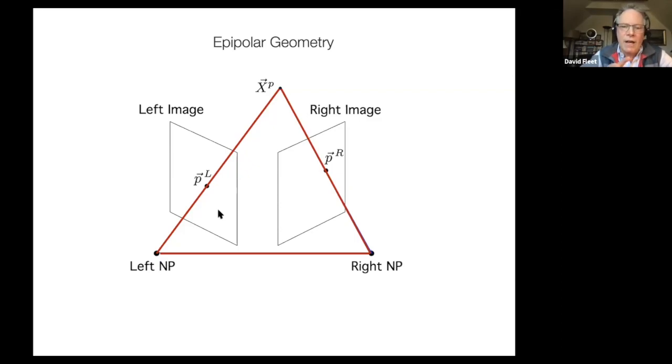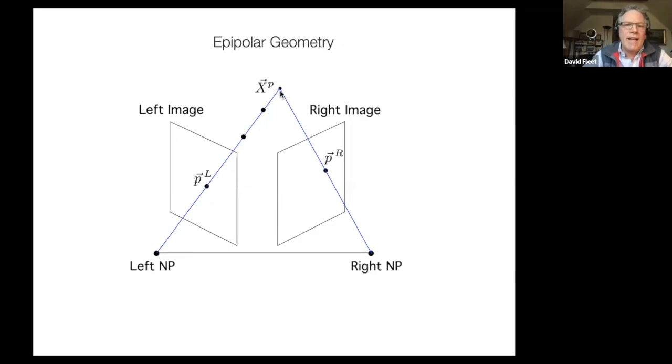And that's a sort of critical geometric object for understanding how the structure of two images relate to the three-dimensional world and to one another. Let me explain. So go back to this original ray of light that gets emitted from XP, my point in the world, onto the left image.